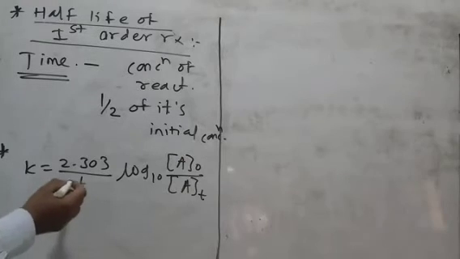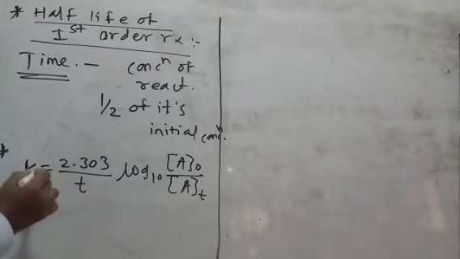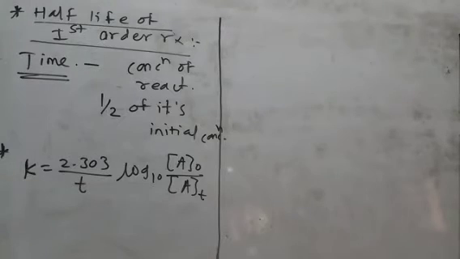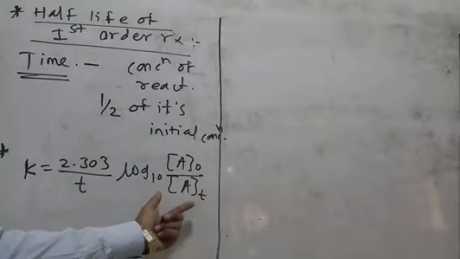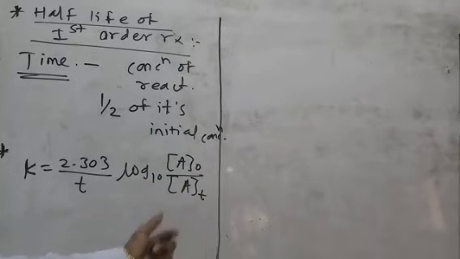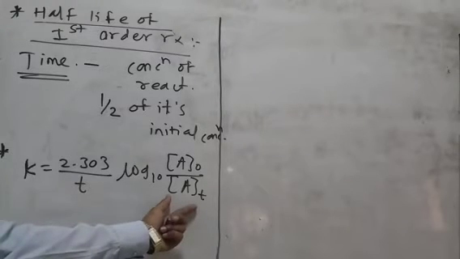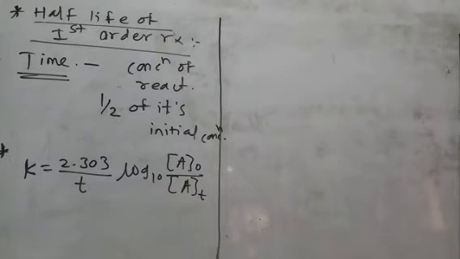In that equation, k is the rate constant, t is the time required for the completion of the reaction, A0 is the concentration of A at time 0, or t is equal to 0, and A is the concentration of A at the time t.